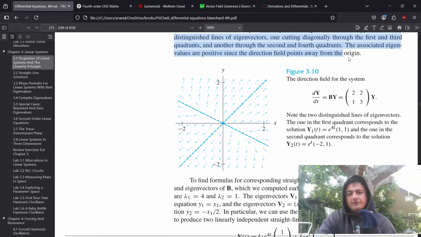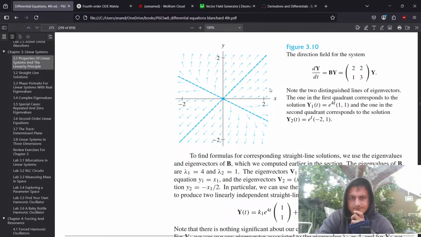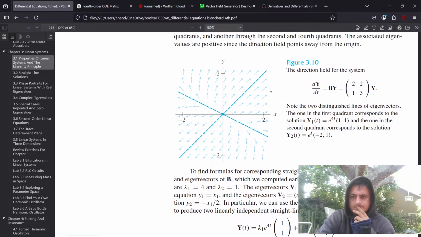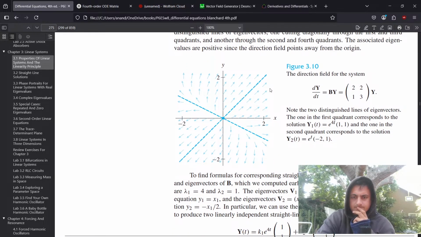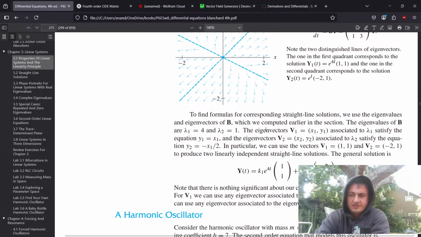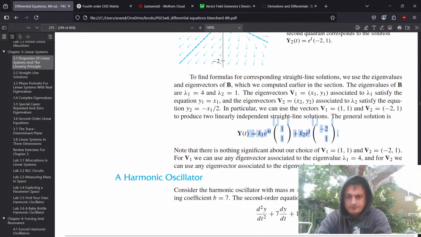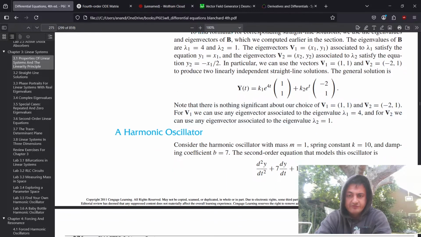The associated eigenvalues are positive since the direction field points away from the origin. Okay, so then they find the eigenvalues and the eigenvectors and they produce the general solution. For v1, we can use any eigenvector associated with the eigenvalue lambda 1 equals 4, and similarly for lambda 2.